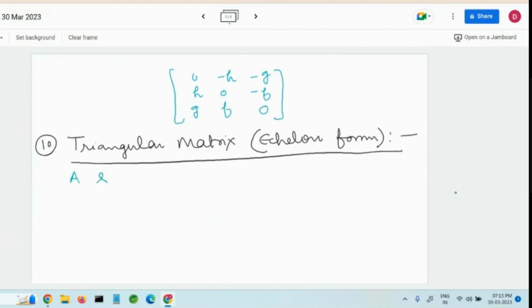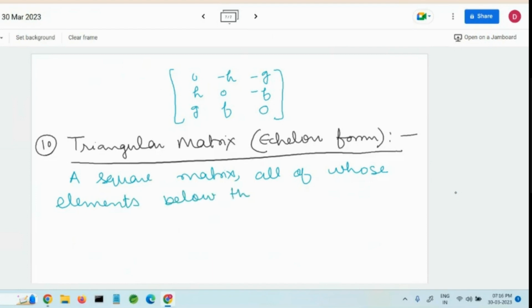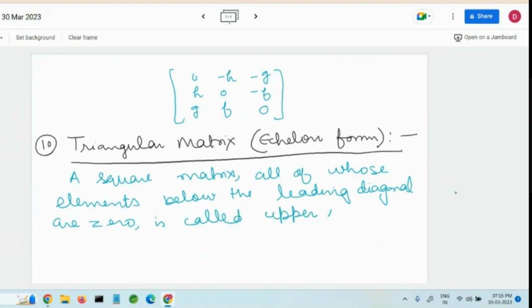A square matrix, all of whose elements below the leading diagonal are 0, is called an upper triangular matrix.